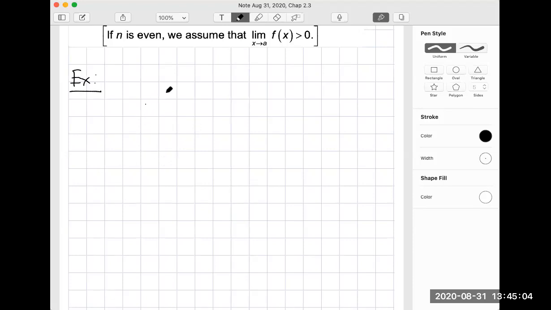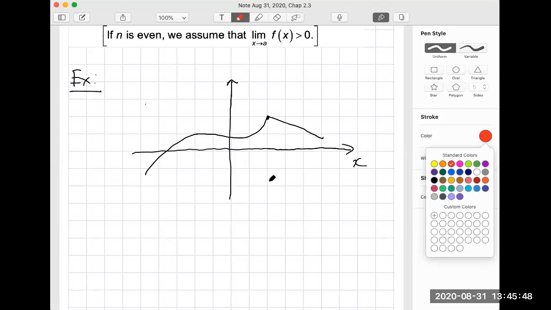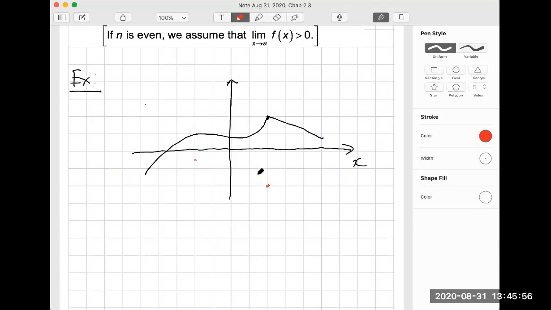if we're given a graph like this, a solid line right here, and another graph is this guy at -2 and 2 like this, and here like this.